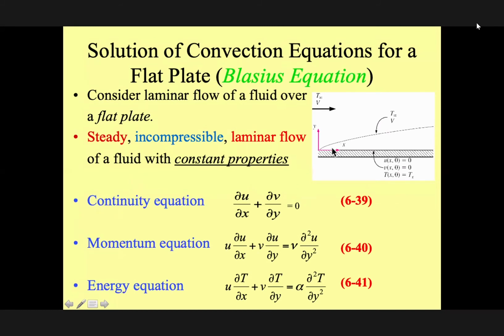I have only one plate, and the flow slowly moves in this direction. Therefore, the velocity here is 0, and slowly the velocity is increasing. Now, in this case, we have another plate here, and the flow is coming here. What will happen?